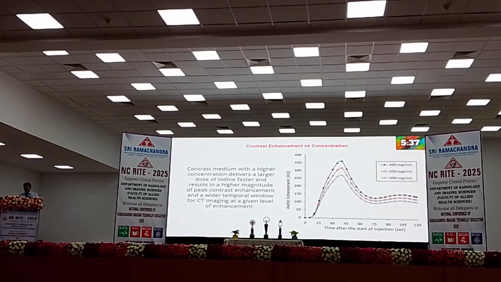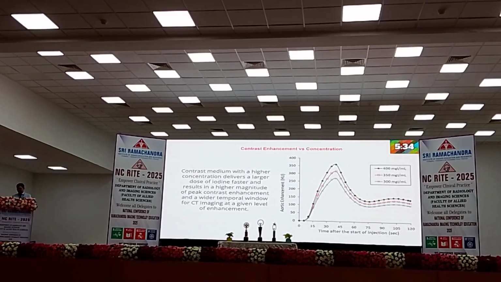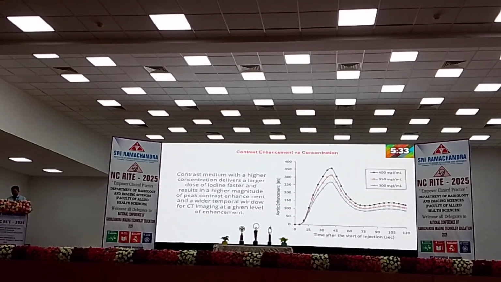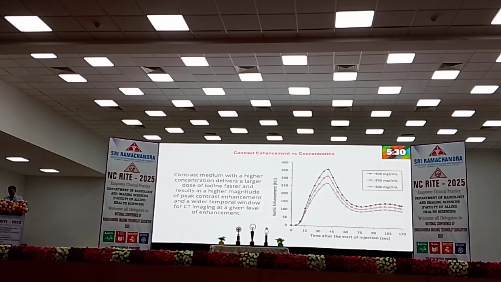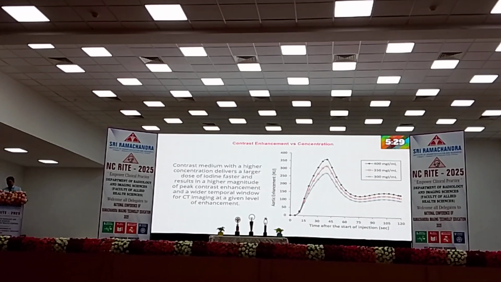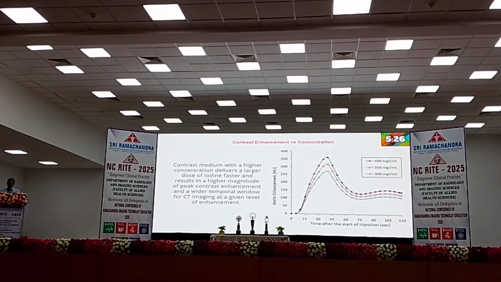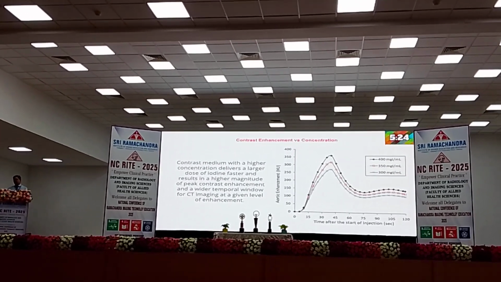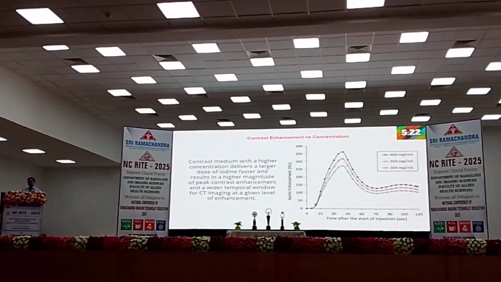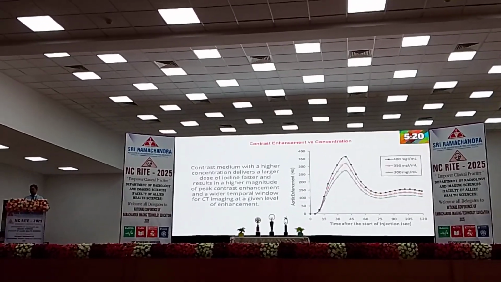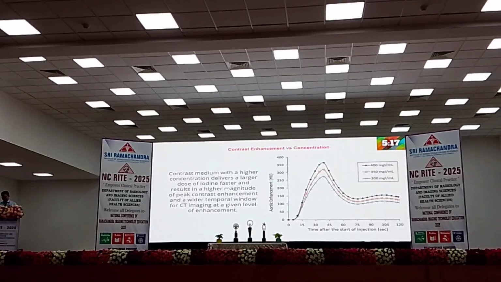If you are injecting 300, you can see the Hounsfield unit peak is around between 250 to 300, and if it is 350, it is nearly between 300 and 350, and if it is 400 mg, it is between 350 to 400. But in most places, as I have seen, 350 or 370 concentrated iodine contrast media are used to get a good image.